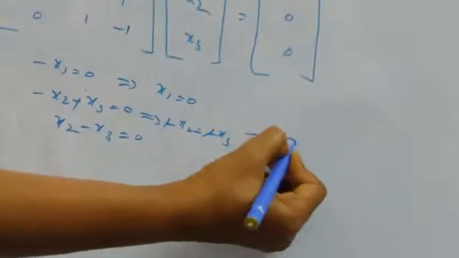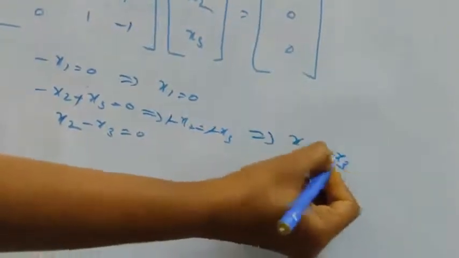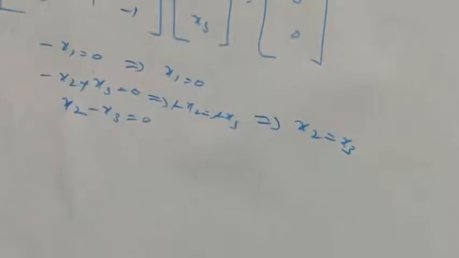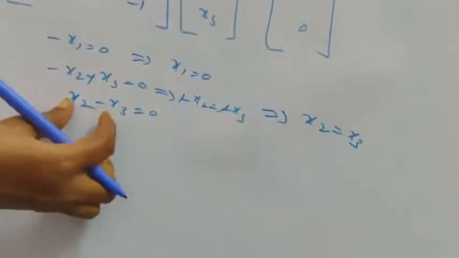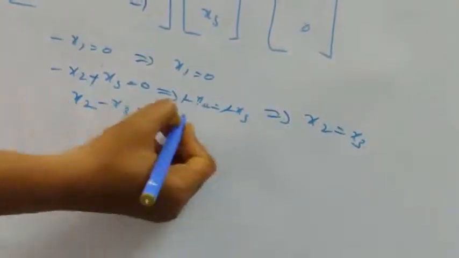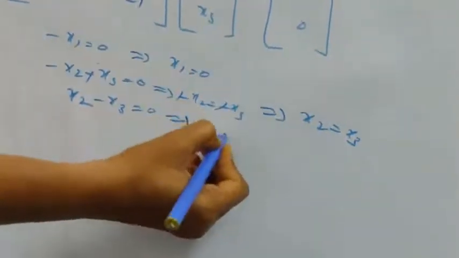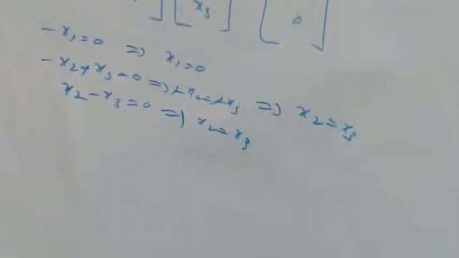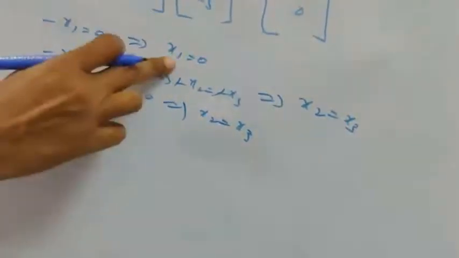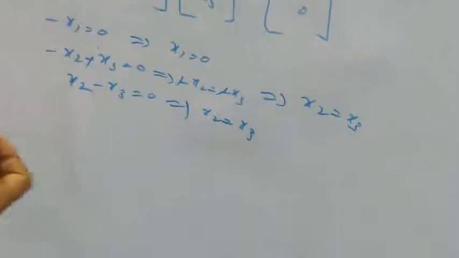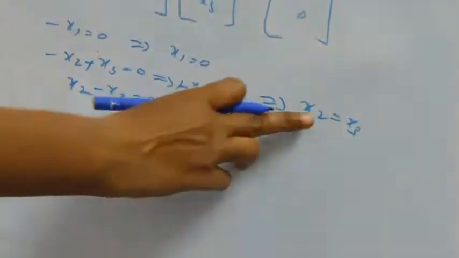So x2 is equal to x3. Similarly by solving the other equation, you will get the same case only, so x2 is equal to x3. Now x1 value we got as 0. Now we are interested in finding x2 and x3.